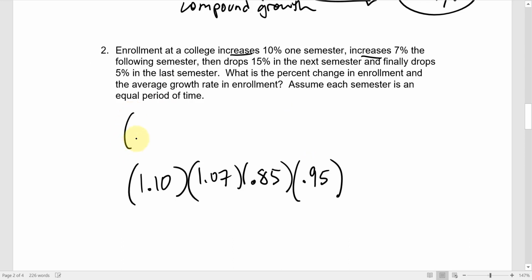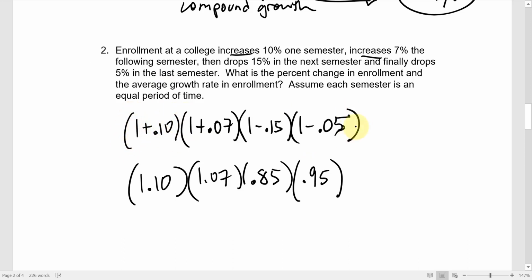Sometimes when I'm explaining this, I actually go a little slower than that. I do this, so you can see how an increase of 10% tracks to this factor, and then an increase of 7% is here. A drop of 15% is here, and finally a drop of 5% is here, and then each of these I'm simplifying.